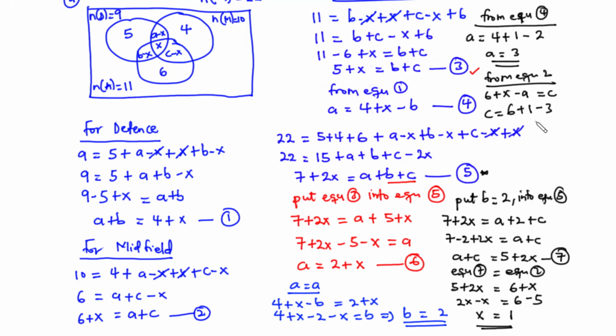So we have c equals 6 plus 1 is 7, 7 minus 3 is 4. So the value of c is 4. Now let's represent all this information on the Venn diagram. So after solving for the unknowns, we had the values of a to be 3, b to be 2, c to be 4, and then x to be 1.